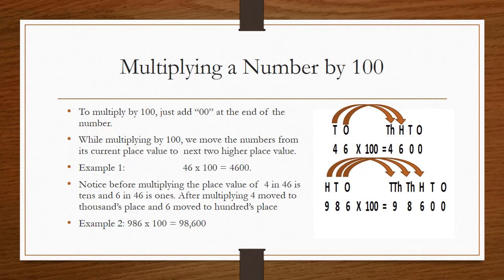After multiplying, they have moved. 9 from the hundreds place has moved to the ten thousands place. 8 which is in the tens place has moved to the thousands place. 6 which is in the ones place has moved to the hundreds place. And we add 2 zeros, one 0 in the tens place and one 0 in the unit place.